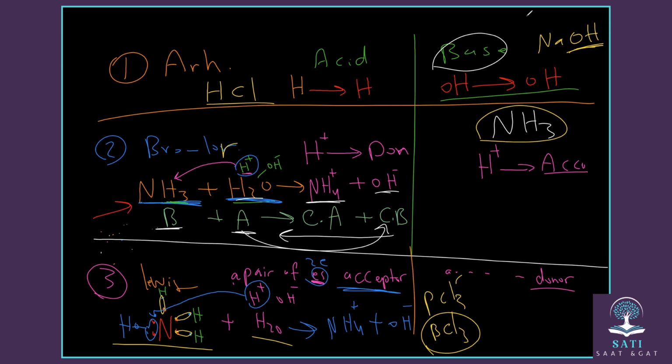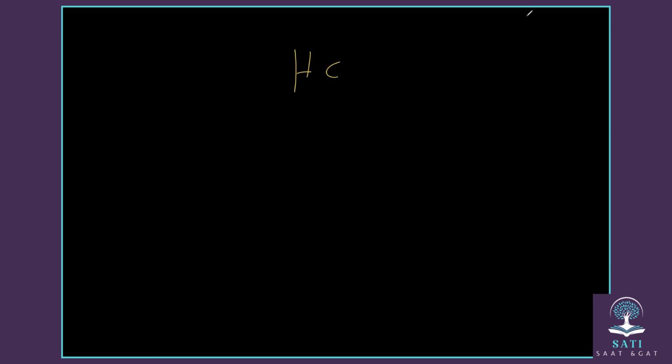Okay, if we go now to types of acids, we know that HCl is hydrochloric acid. Since it has hydrogen and it donates the hydrogen, it is an acid based on Arrhenius, and since it is the donor of H, it is an acid based on Brønsted-Lowry, and since it is the acceptor of a pair of electrons based on Lewis, that means this one is an acid in all of them.